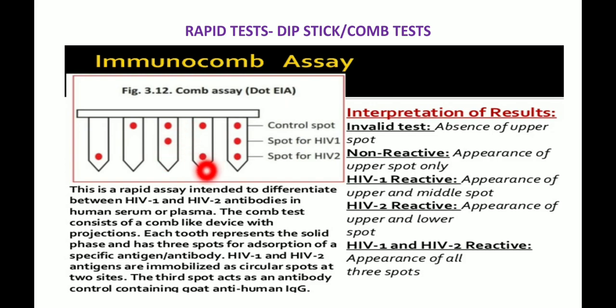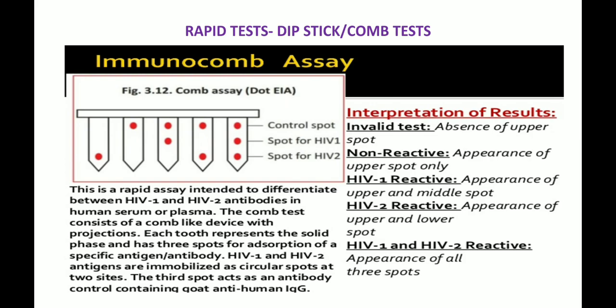If HIV-2 is present, only this spot will be seen. That is, for HIV-1 you will have the upper spot, for HIV-2 you will get the lower spot. If both the spots appear along with the control, that means both HIV-1 and HIV-2 are present in this particular patient. So you call it reactive. Okay, you call it reactive.